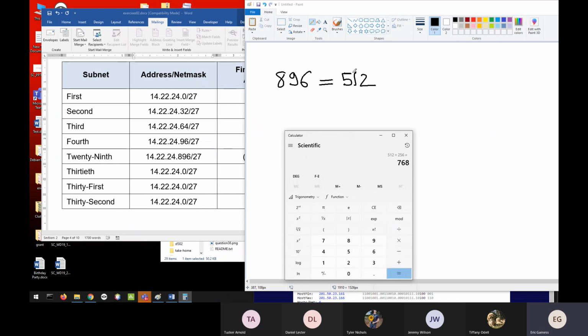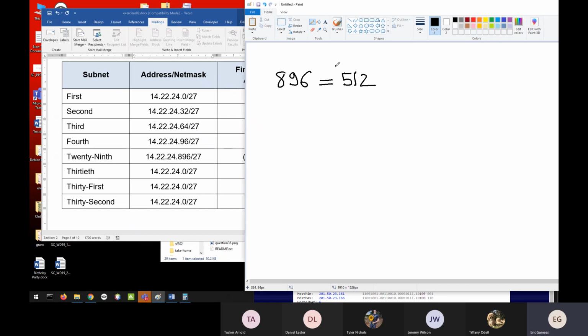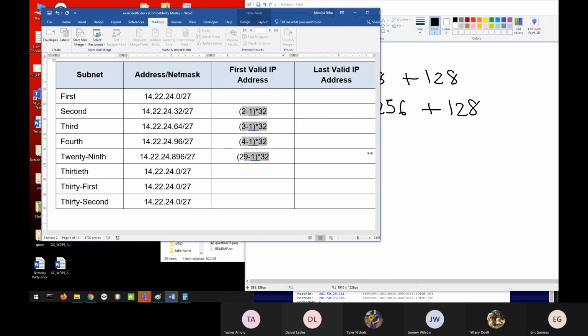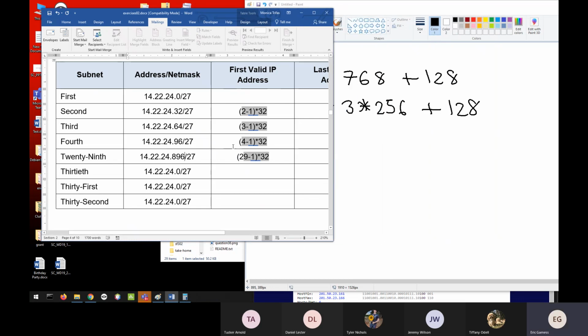It's 768. Plus 128, which is 3 times 256 plus 128. So instead of putting here 896, I will put what? According to the computation that we just did, I will put 128.